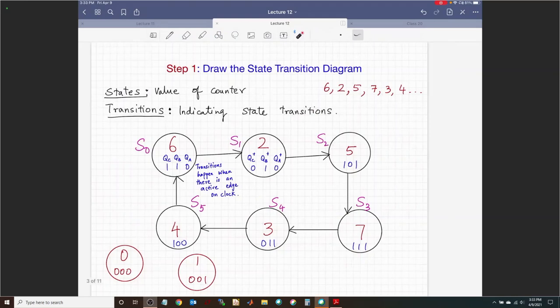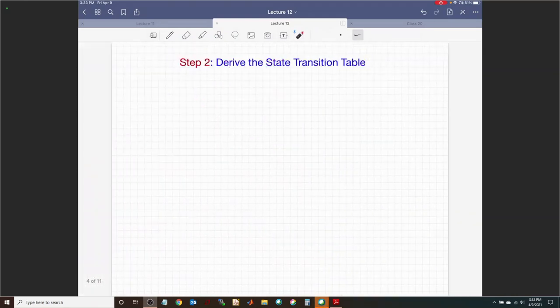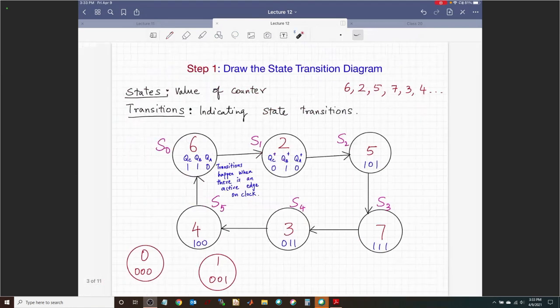All right. Second step in our counter design is to derive the state transition table. Because I have outputs of the flip-flop going to the next state output of the flip-flop, I'm going to need to figure out what I should give at the inputs of those flip-flops such that these transitions happen.